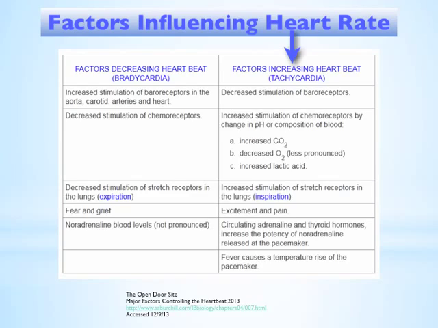They also respond to the stretch receptors in the lungs, to excitement and pain, to hormones, and changes in temperature. And this is not just fever but increased temperature as well, which we'll cover when we get to the laboratory report.